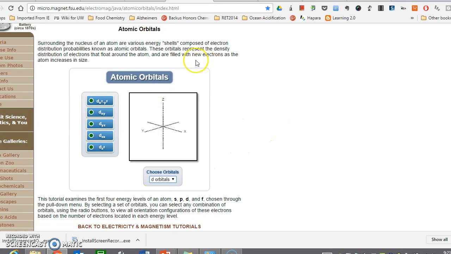So let's go back to that program so we can see how the 5d orbitals look when they're all put together. This would be 1 orbital, this would be another orbital, this would be another orbital. Each of these can hold 2 electrons. This would be another orbital. But what happens if they're all 5 together, which they would be, with the center being where the nucleus was? Look what happens when I add all 5 orbitals.